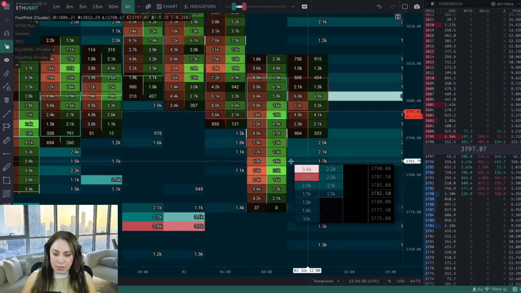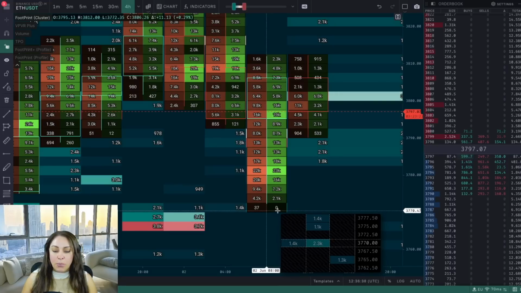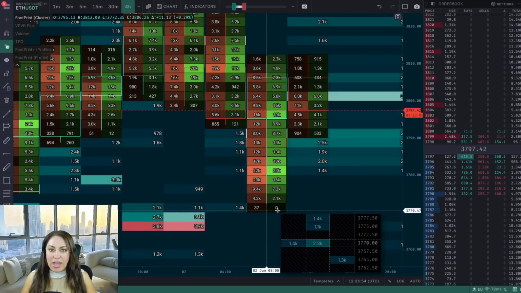The second sign, a very good sign of a false move, I should say, not bullish, bearish, is down here. When you see the bottom of the candle, if price is being pushed down by sellers, we want to know where they struggle to continue to push price down. That means there are no buyers left. And in order for price to continue in a direction, there has to be a buyer and a seller.